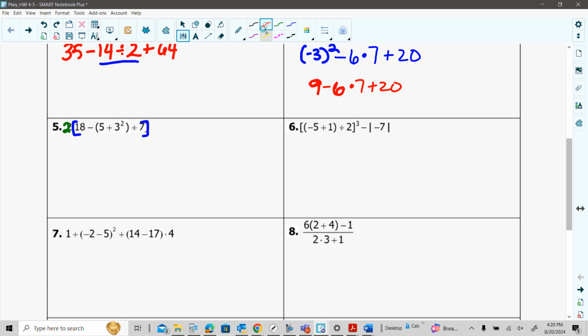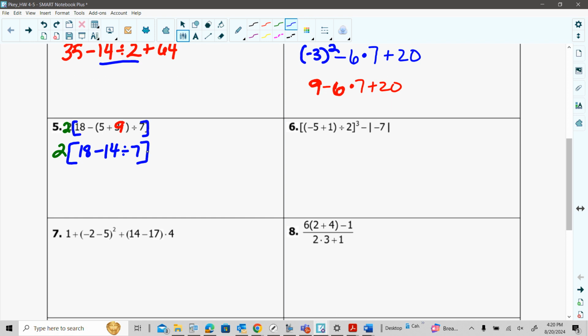So inside this group, I'm going to do what's in the parentheses first, which 3 squared would give me 9, and then I'm going to add that. So really what I have, I keep that 2 in front of the bracket, and inside I have 18 minus 14, and then divided by 7.